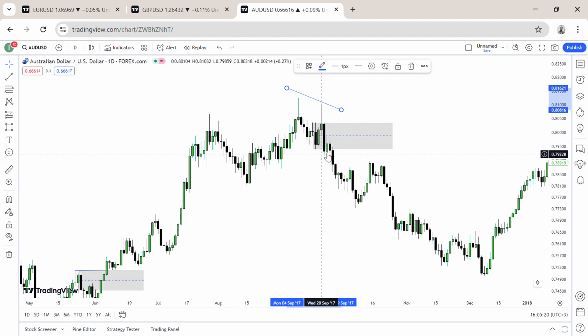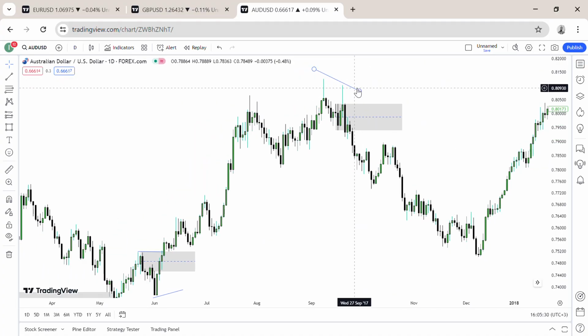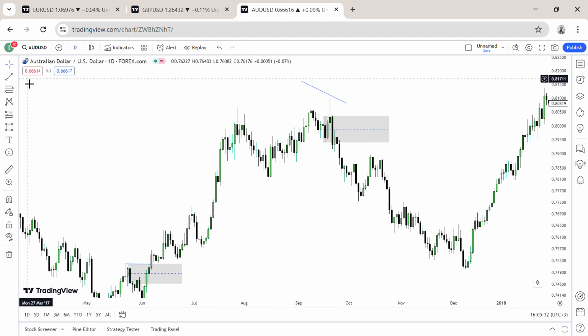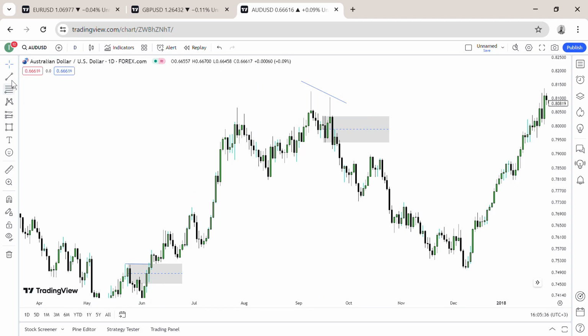And you see how price traded just below it, displacing down, closing below it, going back up, and then trading back down. All right. But in a bigger picture, let me show you something. Let's have a look at this.